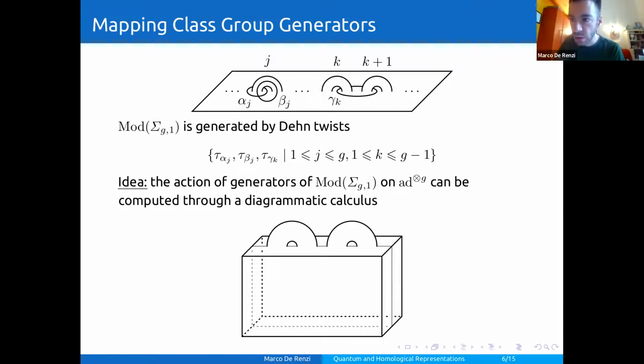And so this action is defined using mapping cylinders, and I will tell you how to represent diagrammatically mapping cylinders for these Dehn twists. I will use Habiro's notation for bottom tangles in handle bodies.